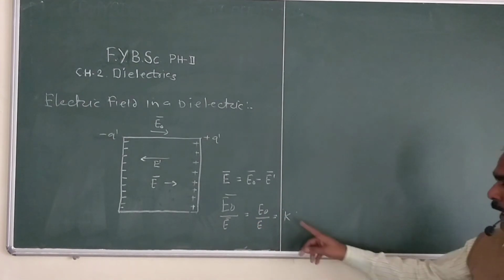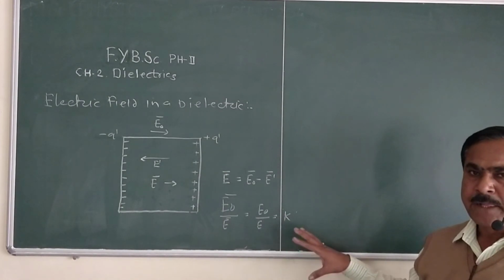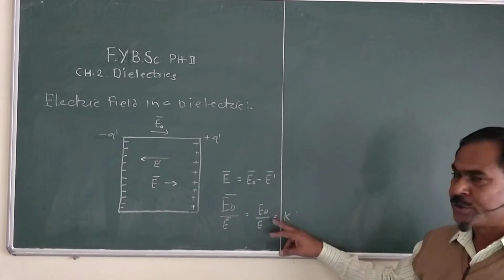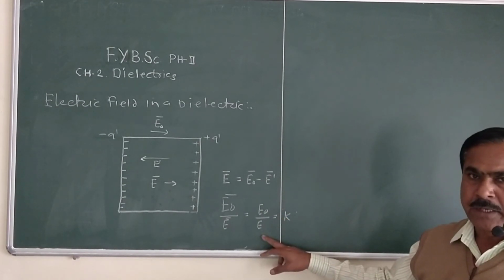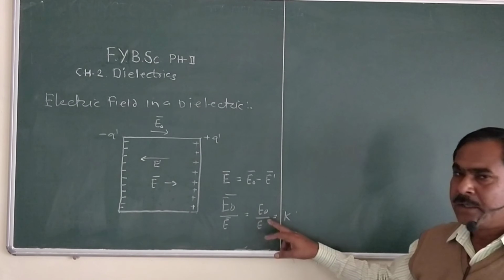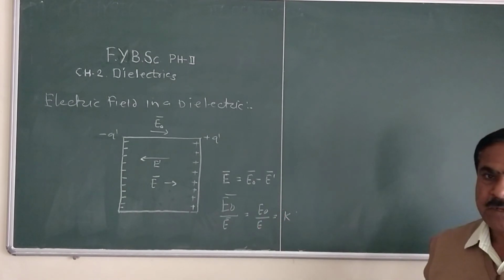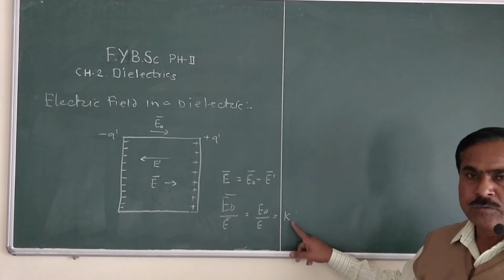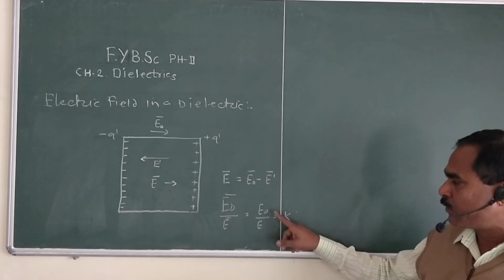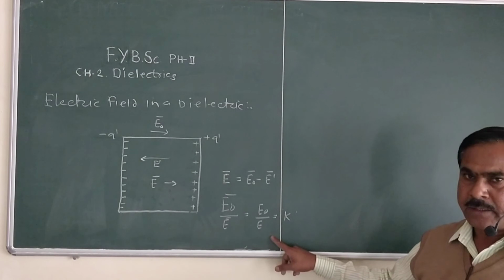That means the dielectric constant in terms of the electric field is the ratio of the applied electric field to the net or resultant electric field produced in the dielectric material. So here K, the dielectric constant, is equal to E naught upon E.